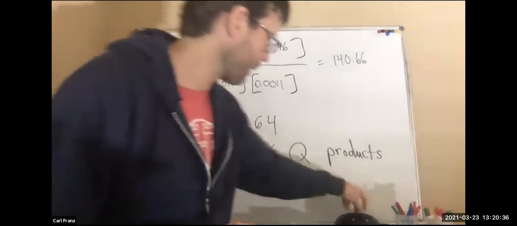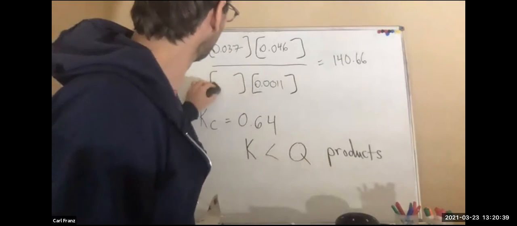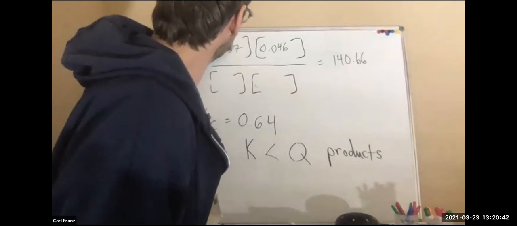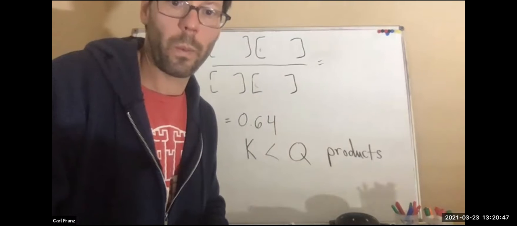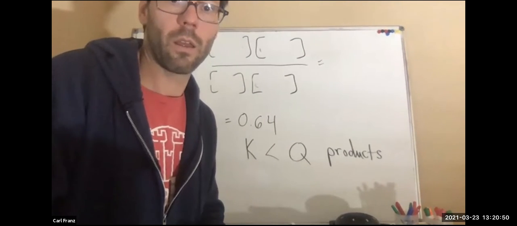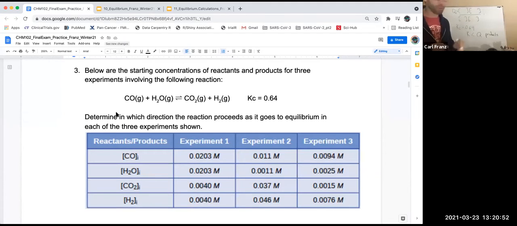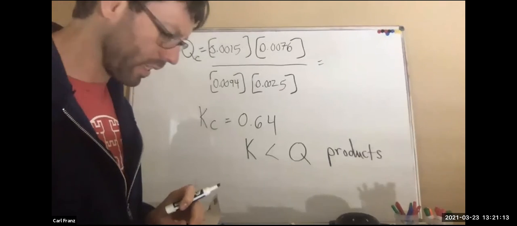Let's do the last one. Why not? Okay. So the last one we have 0.0094 and 0.0025 and 0.0015 and 0.0076. What do we get there?